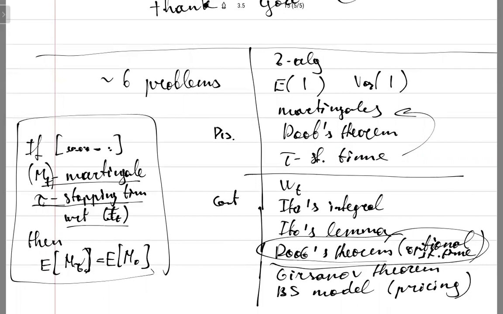Stopping time is a random variable with some properties. It's not a particular t. So this theorem is just looking like a necessary condition.